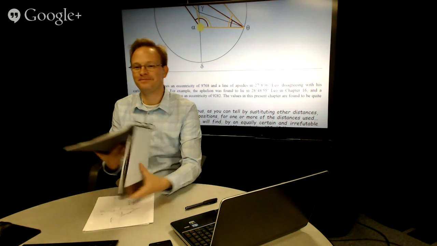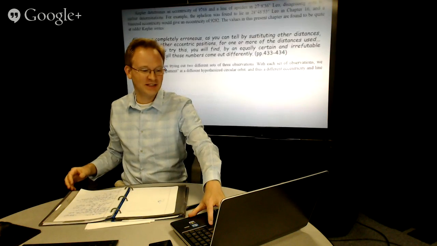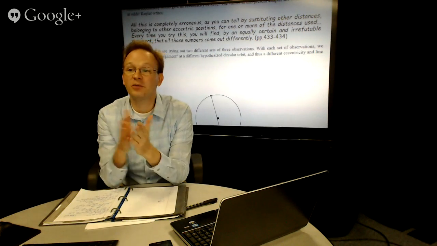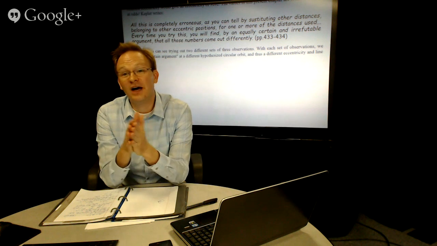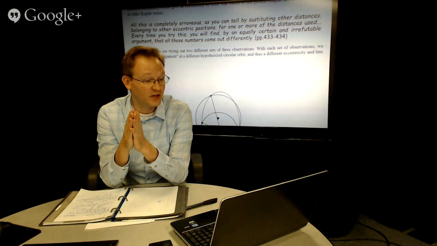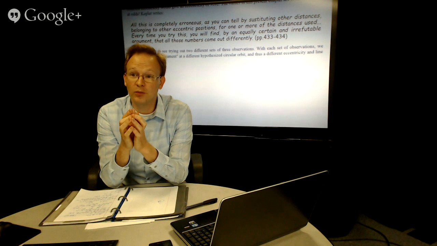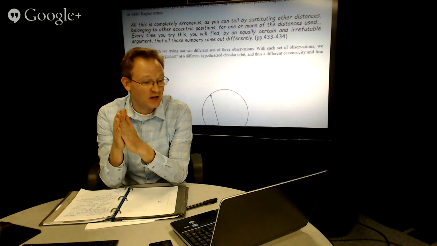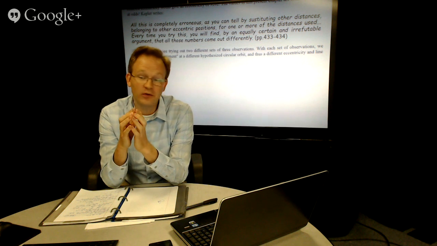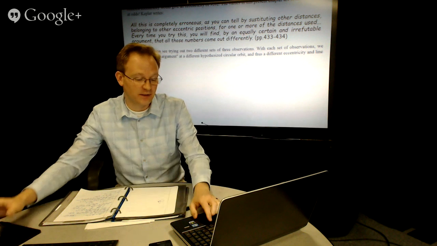So here's exactly what he says: all this, you can see it, all this is completely erroneous, as you can tell by substituting other distances belonging to other eccentric positions for one or more of the distances used. Every time you try this, by an equally certain and irrefutable argument, all those numbers come out differently.